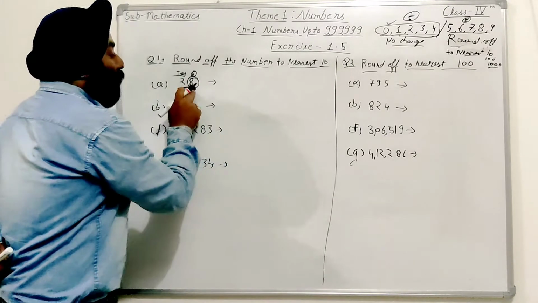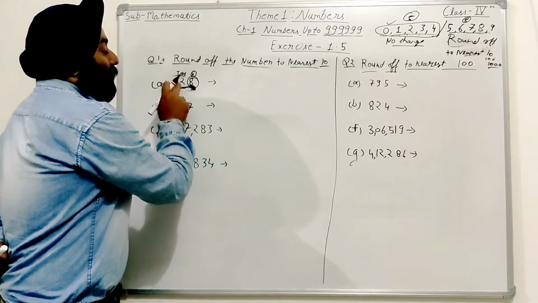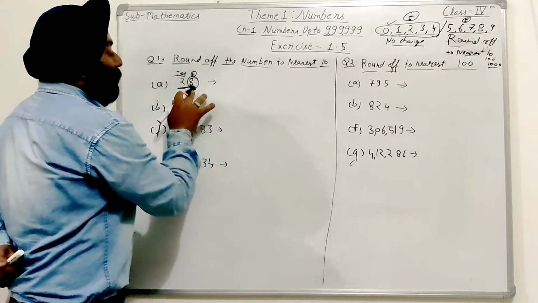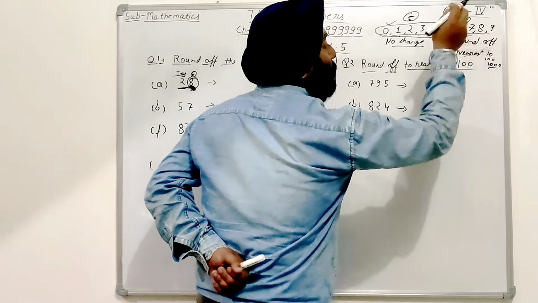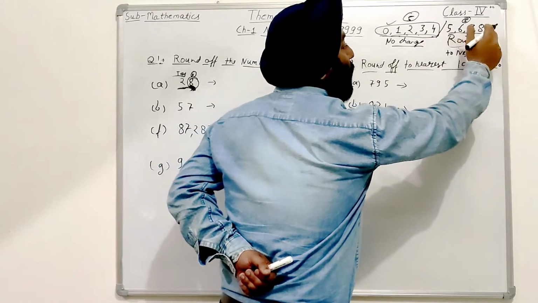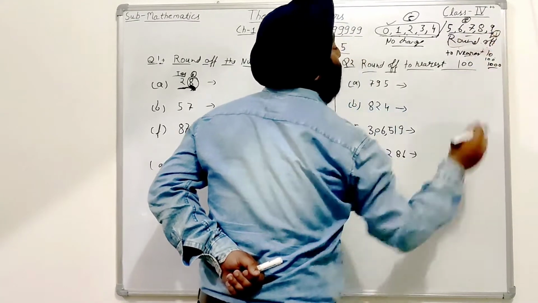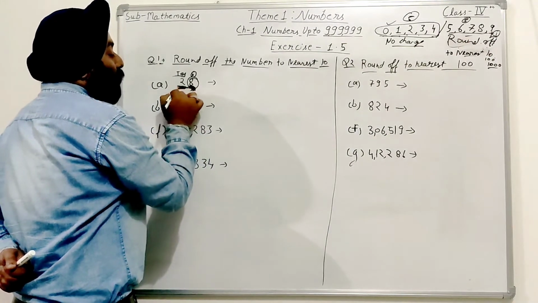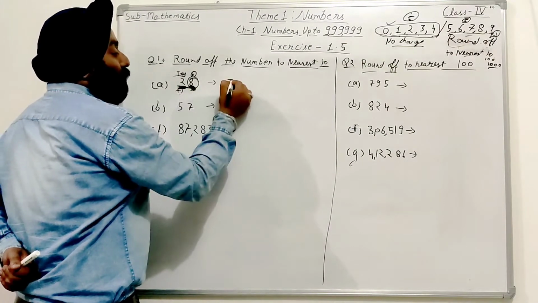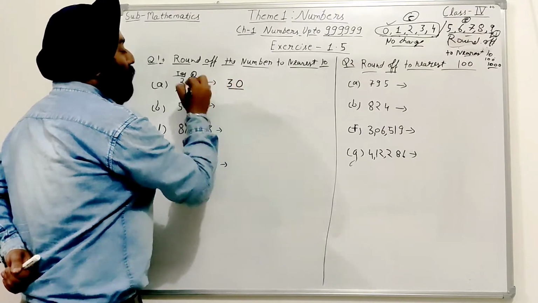According to the 8, we have to change the number. 8 is in the category of 5, 6, 7, 8, 9, so we have to add 1 to the previous digit, the tens digit. So we add 1 to 2, and we write 3 and 0 in place of 8.